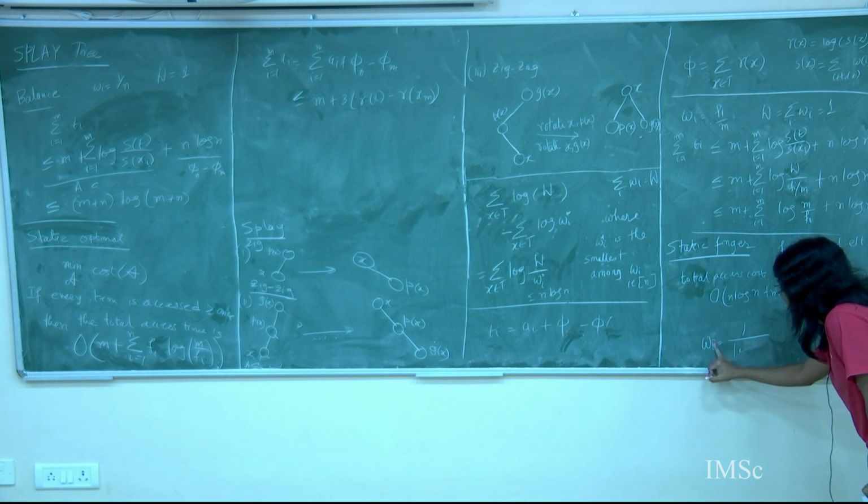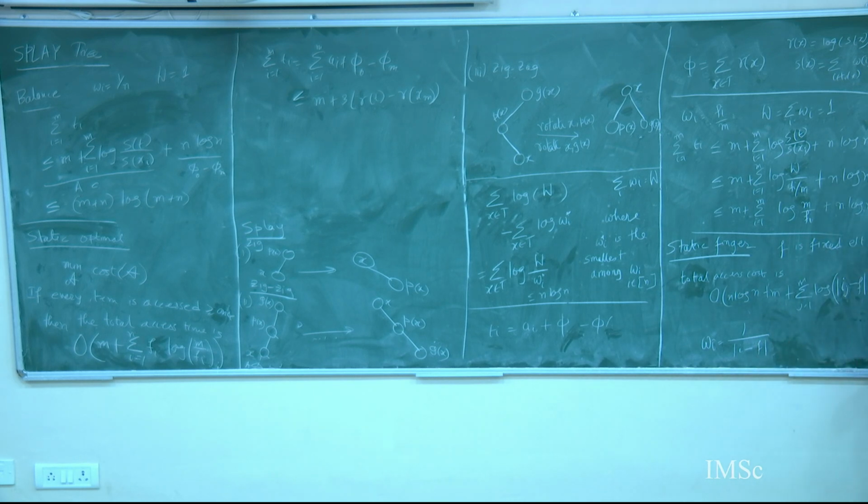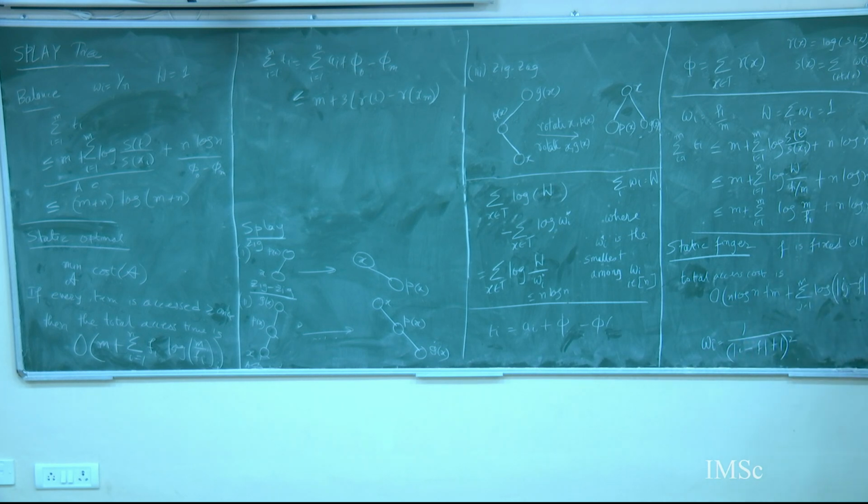If I take this to be the weight, should I take this plus the distance of that particular element from the finger plus 1, whole square? You will see why I am taking that plus 1 whole square.